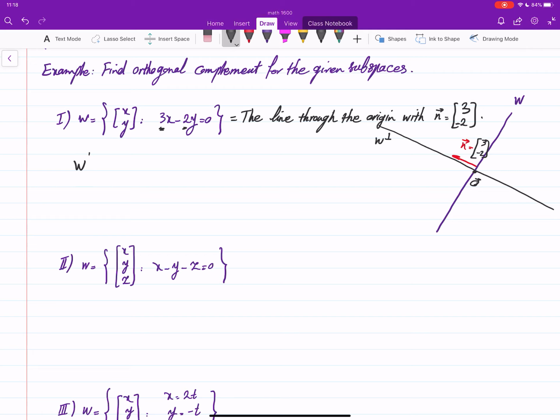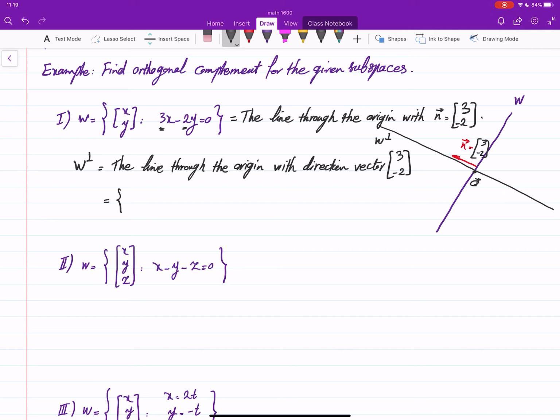So W perp is going to be the line through the origin with direction vector (3, -2).